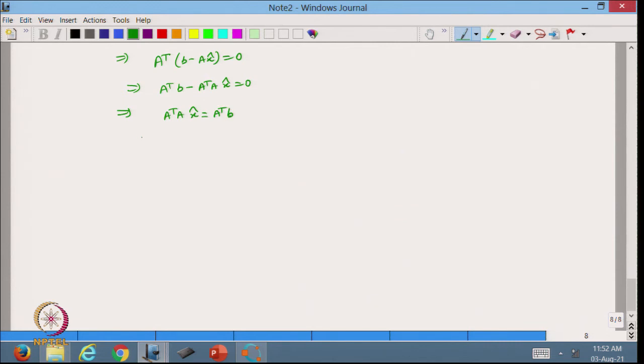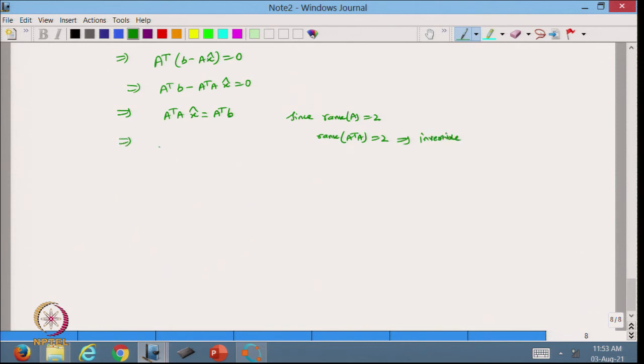Since the rank of A is 2, the rank of A transpose A is also 2, so it will be invertible.